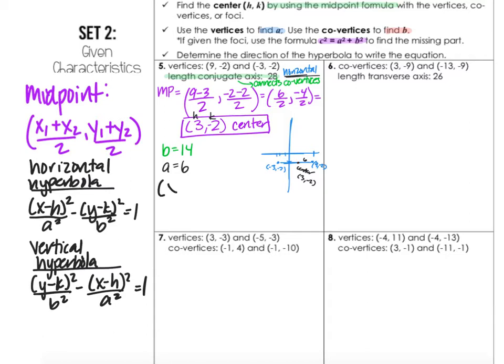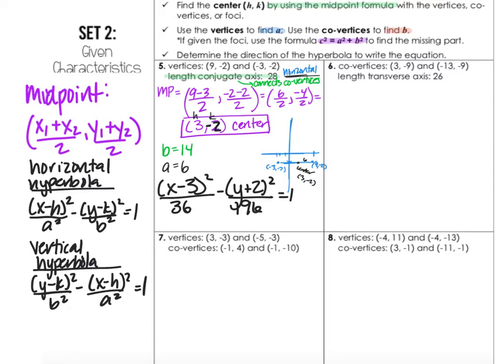We have x minus h, which is 3, squared over a squared, which is 6 squared, which is 36, minus y minus k squared, so that's minus negative 2, so plus 2 squared. That comes from this minus 2 here, over b squared, which is 14 squared, 196, equals 1.